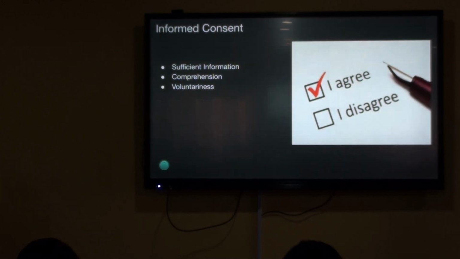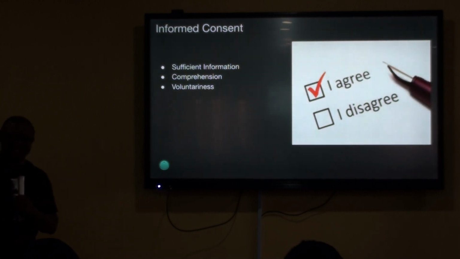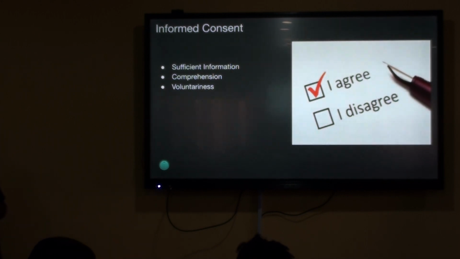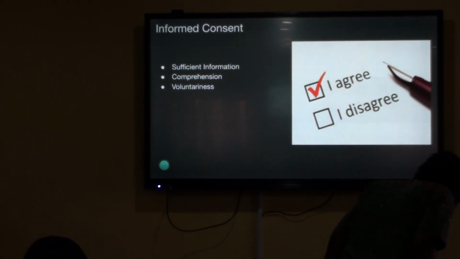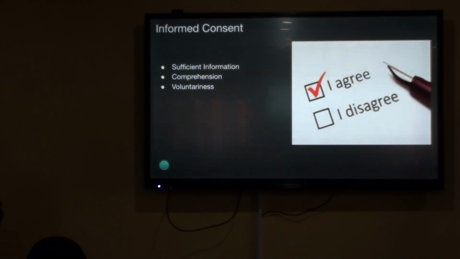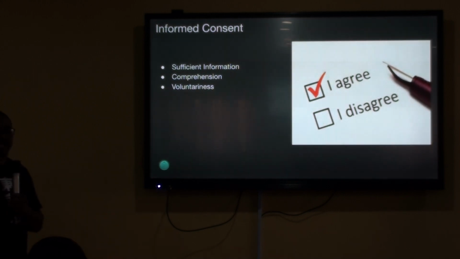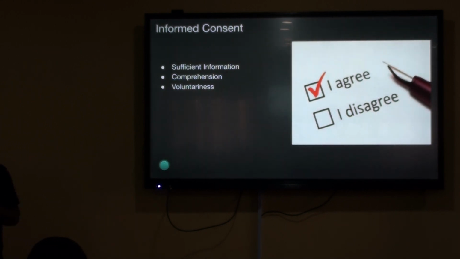Sometimes, there's a reason why most tech companies give you their terms and conditions in small print, right? Most often we don't read it, but you're supposed to read it. They expect you to read it. If you click yes, that you consent, that demonstrates that you have read through all the small prints.